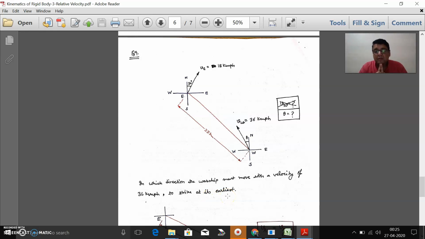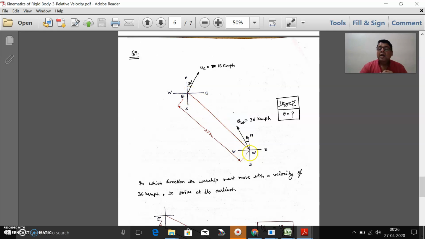Let us first understand what this means. It means that the warship should strike the enemy ship at the earliest. This is desirable, the warship would like to strike the enemy ship as soon as possible. But the problem is that the distance between the two is 25 km.